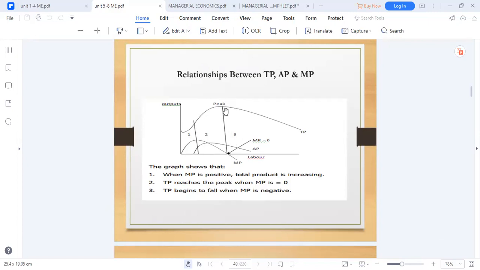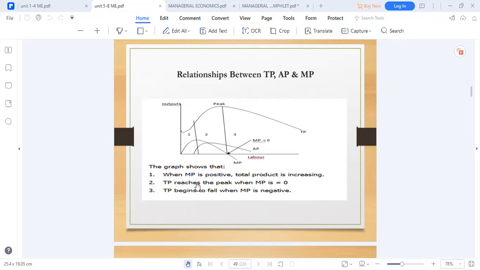We call them 3 stages of production: stage 1, stage 2, and stage 3. In stage 1, our marginal product of labor is positive, right? And our total product of labor is increasing. In stage 2, the total product of labor reaches its maximum, its peak, and that is where our marginal product of labor is 0. When we go to stage 3, that is where the marginal product of labor becomes negative. So these are 3 stages.